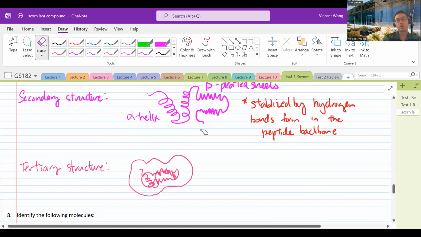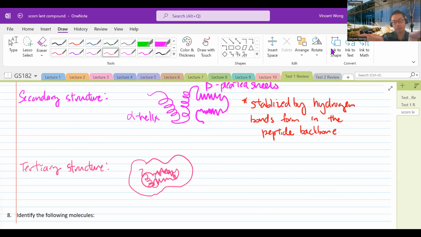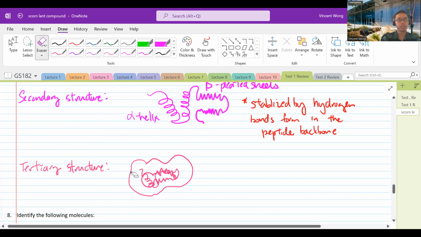This is like a 2D thing for the most part, flat on a piece of paper, but now you crunch it up and make it into a ball, then you get your tertiary structure. So this is referring to the overall 3-dimensional shape, which is called conformation. That's a fancy word.